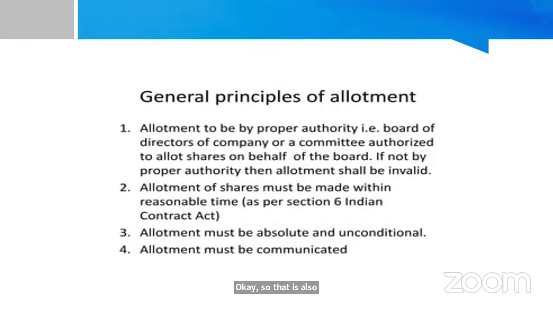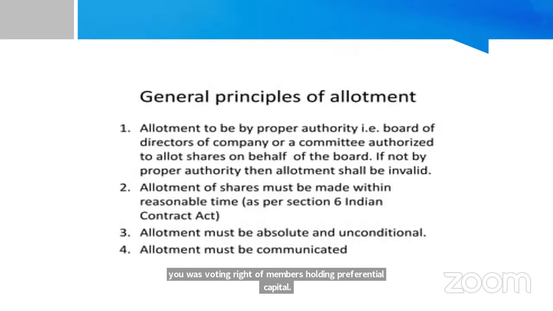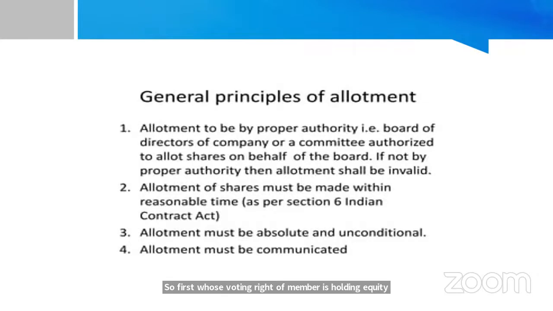Now, the second one that I told you was voting right of members holding preference share capital. So first was voting right of members holding equity share capital. Second is voting right of members holding preference share capital.